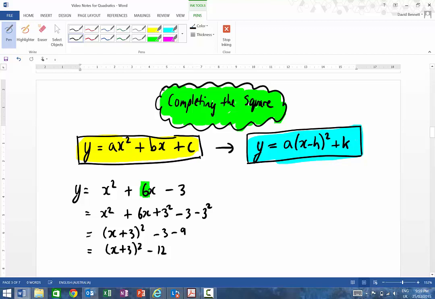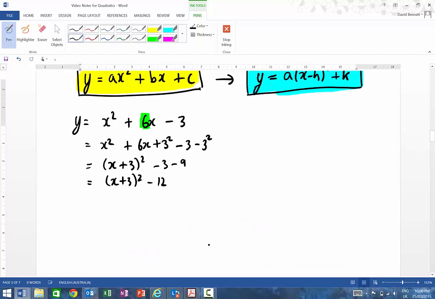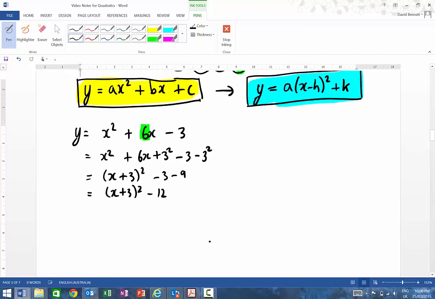So straight away from that particular function I could say it's got a vertex point. What is its vertex point going to be? Well, it's going to be -3 and -12. Alright, got the idea?